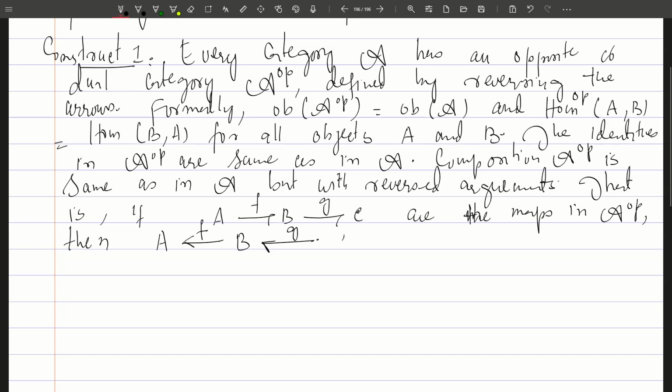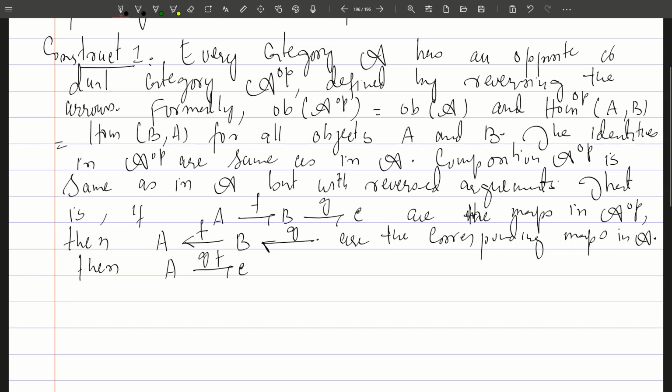So they are the corresponding maps in the given category. So that means the composite map, which is a map from A to C, is the map gf. So this is in the dual category, the opposite category.